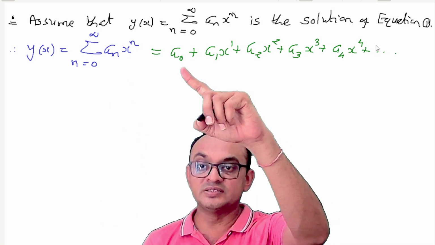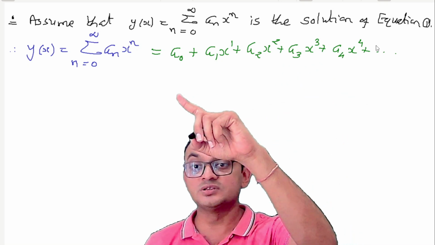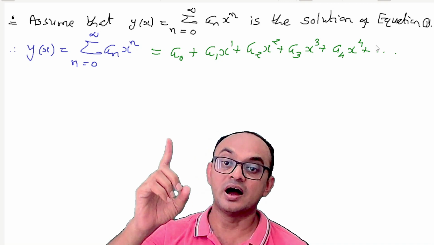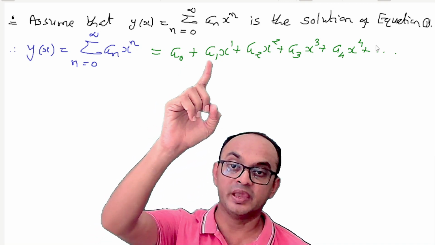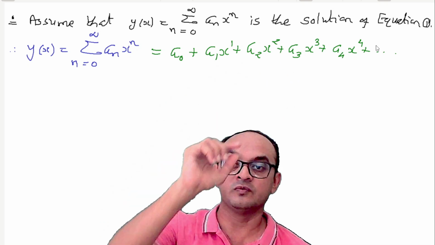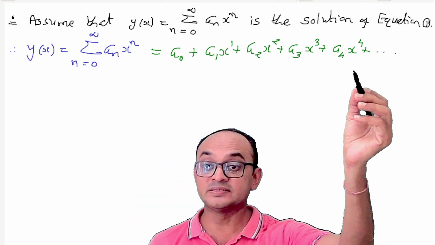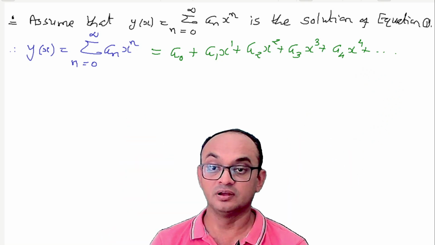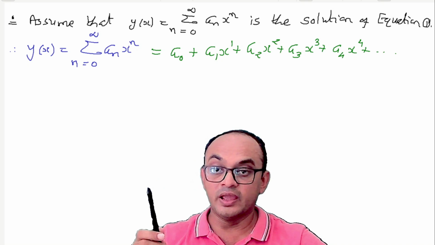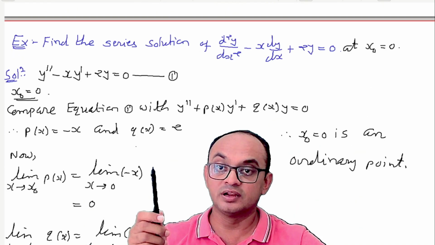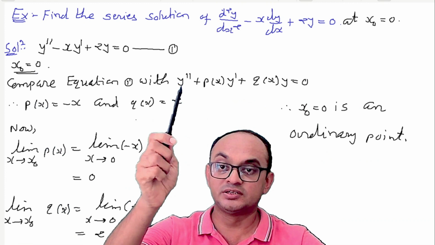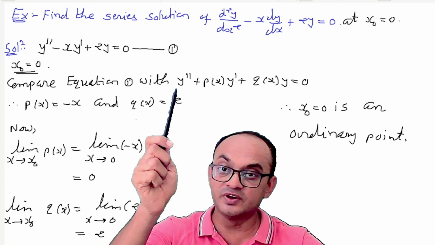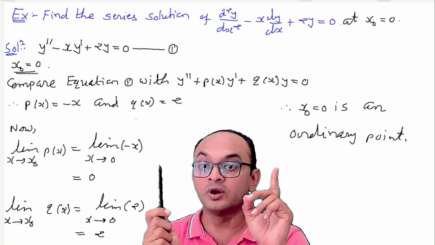Now actually this is the series which is the solution of the differential equation. Let me explain something here. How many constants are there? a0, a1, a2, a3, a4, a5, a6, a7 up to infinity. So actually these are infinitely many constants in our assumption. Now my actual differential equation is y double dash plus p of x y dash plus q of x into y equal to 0. What is the order of this differential equation? Order is 2. Order is 2 means what?